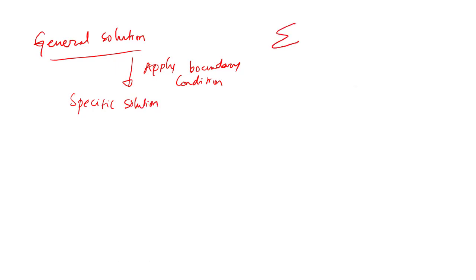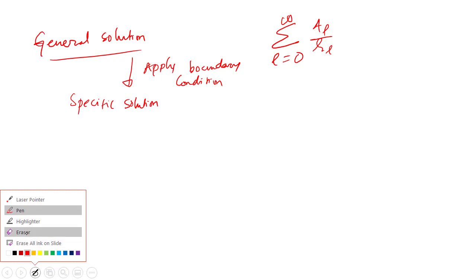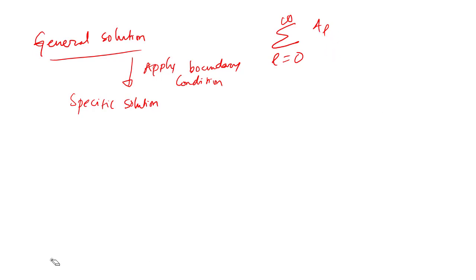This means that in general we are writing this as a sum with some coefficients. So we are writing it as a linear combination, so on and so forth. But we don't know really what these coefficients are in the general solution.